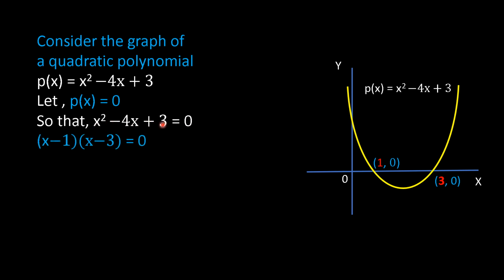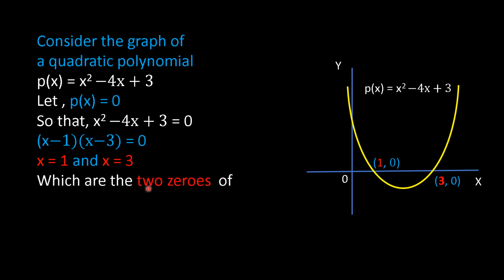Factorizing this quadratic polynomial, we write (x - 1)(x - 3) = 0. That gives us x = 1 from this factor and x = 3 from this factor. These are the two zeros of the quadratic polynomial.